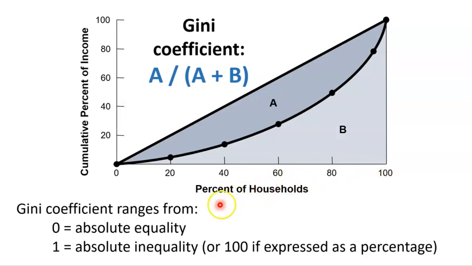So in that very unrealistic situation, the Gini coefficient would take the value of 1. So, of course, countries have Gini coefficients that range somewhere in the middle of those two values.